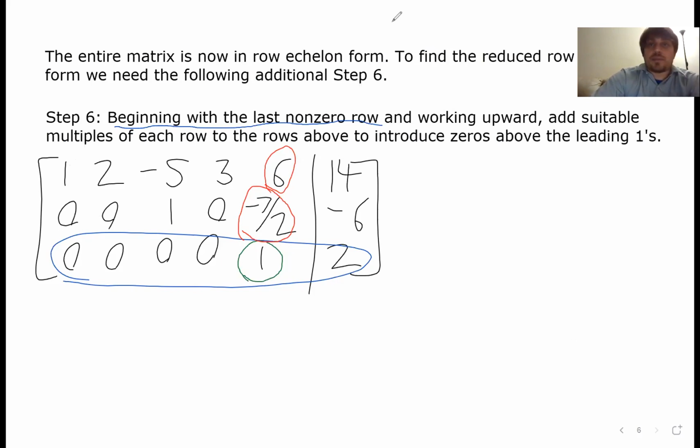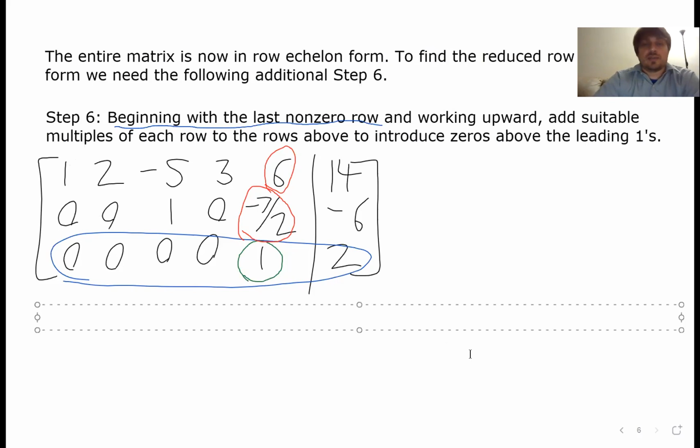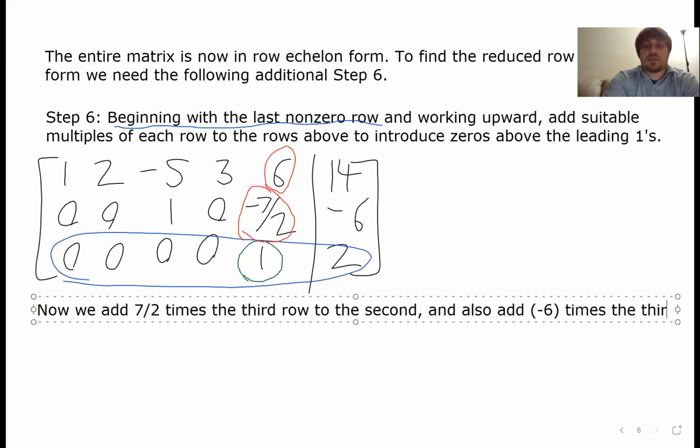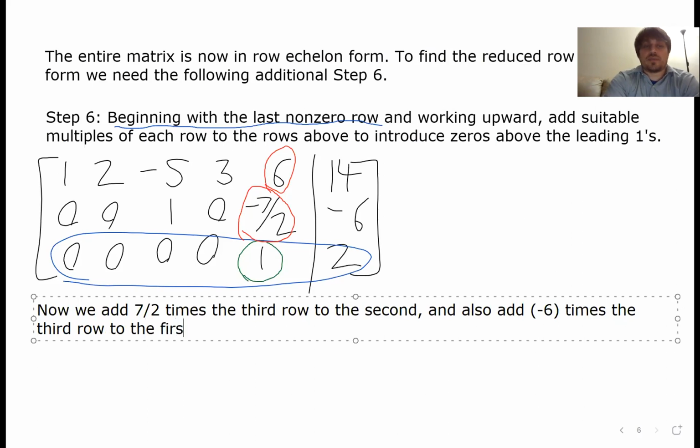Okay, so now we add 7/2 times the third row to the second, and also add -6 times the third row to the first to get only zeros above the leading 1 circled in green.